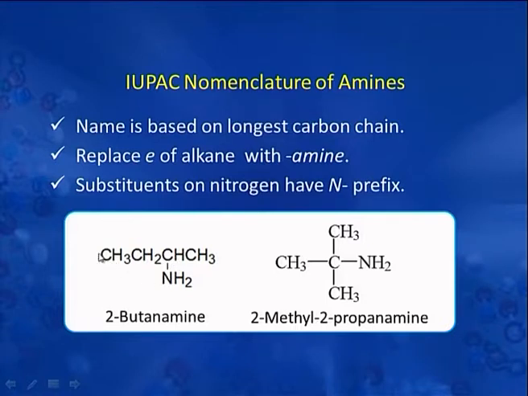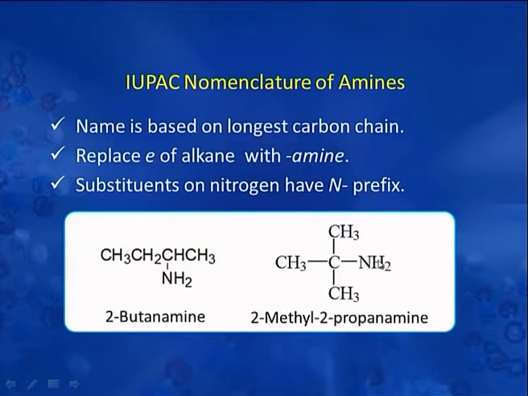If we number it from here, position 3 will have the amino group, and if you recollect the IUPAC system of nomenclature, then the minimum possible number is given to the substituent, and that is why the name of this molecule becomes 2-butanamine.